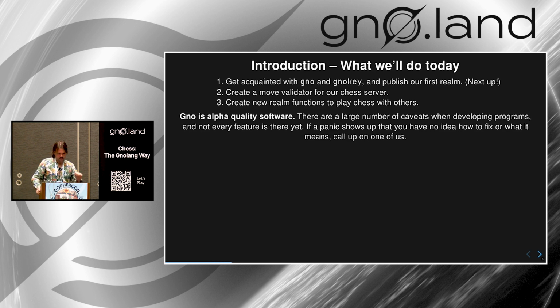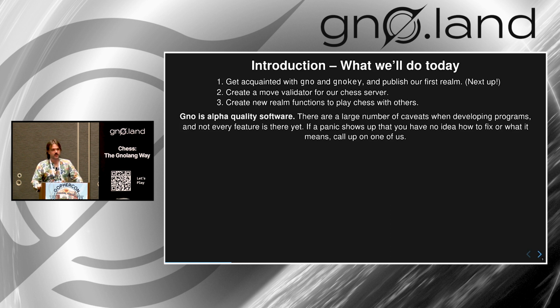Then, as I said, we're gonna have a few sections for our workshop today. The first section is going to be about getting acquainted with these two command line tools and publishing our first realm on chain. So a gentle introduction to using the platform.